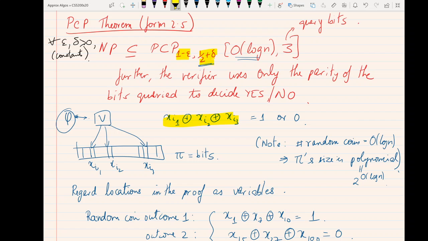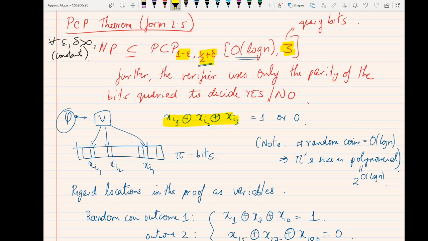Okay, and often it will be the case in hardness of approximation that you want a PCP with certain properties of this form. For instance, if I want to show hardness of a max cut problem, I will want a PCP that checks 2 bits and says yes or no. Now, speaking of max cut or querying just 2 locations and checking yes or no, it turns out that the 3 query bits in this particular theorem are actually crucial.